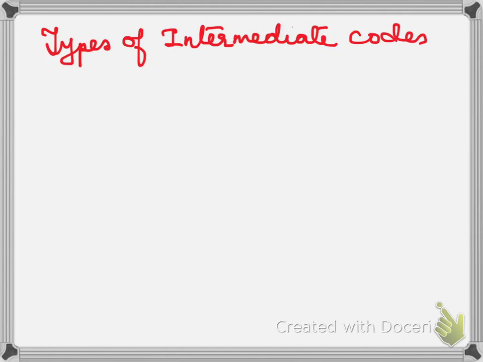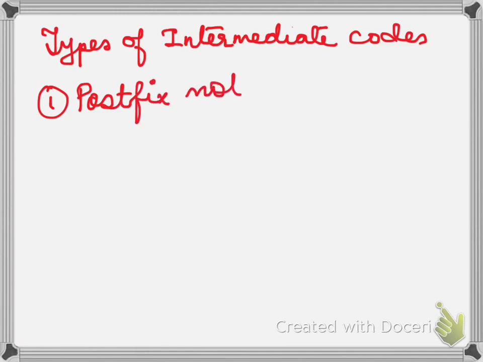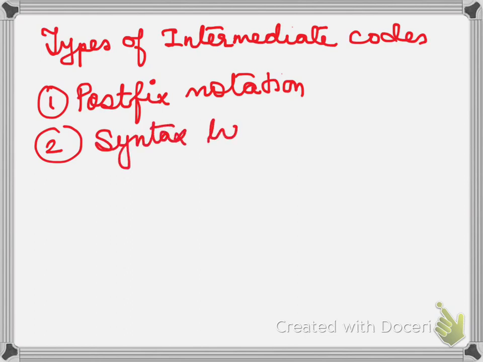Types of intermediate code: we have postfix notation, we have syntax trees, and we have three address codes.